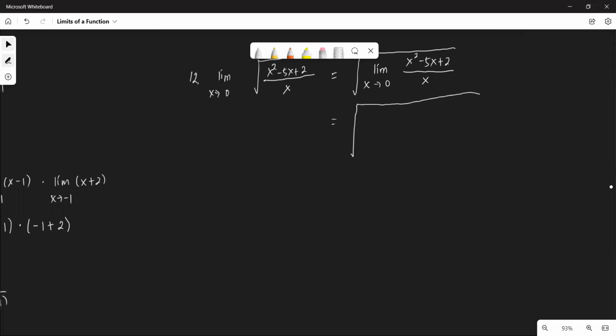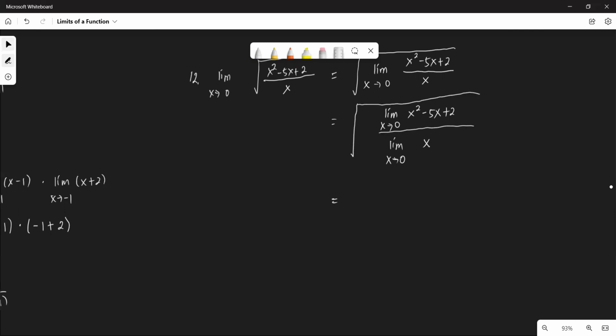Wait, sorry for that. The limit of x squared minus 5x plus 2 as x approaches 0, and then divide it by the limit of x as x approaches 0.